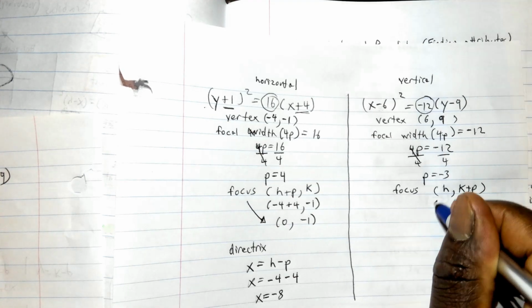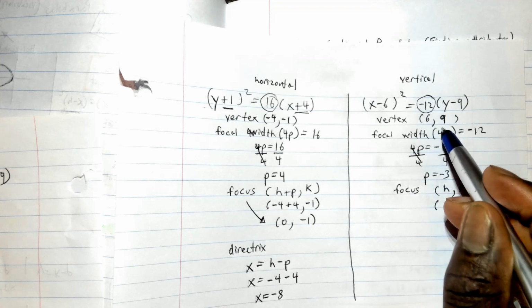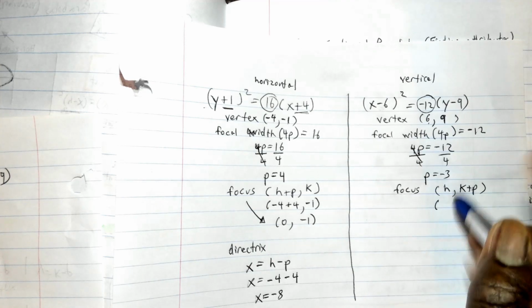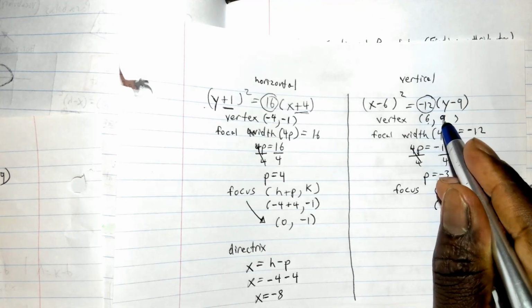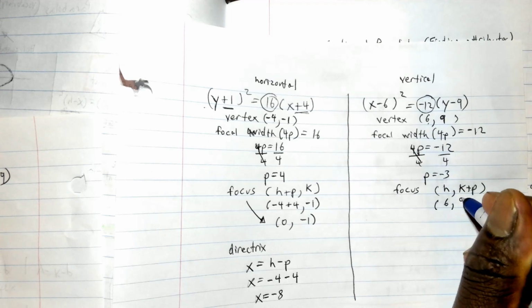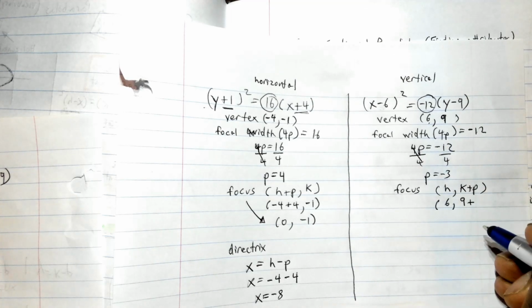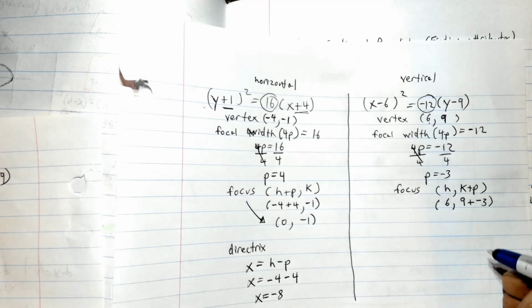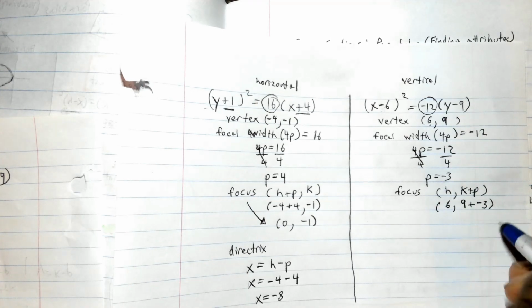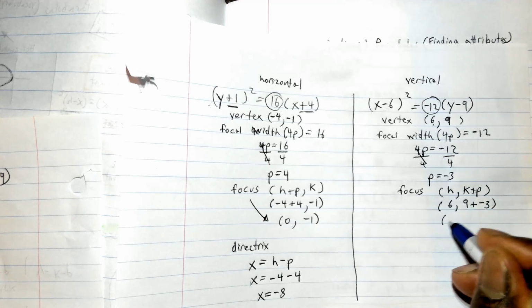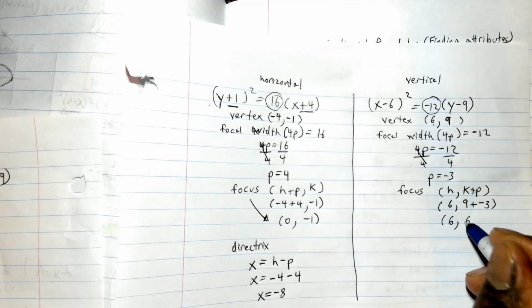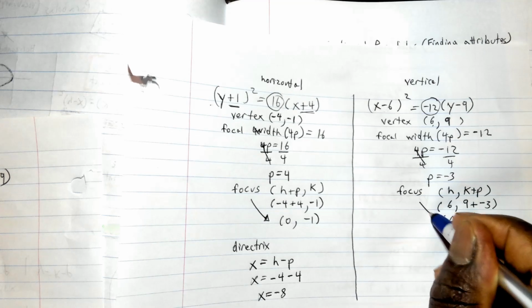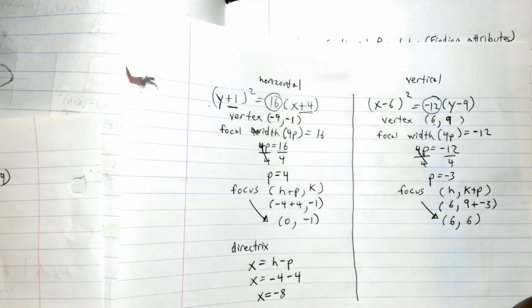So our focus is going to be, well, our h part was 6, our k part was 9. We're going to add on p, so p is -3. So now let's write down what we have. So 9 plus -3 is 6. So 6 comma 6. This is our focus.